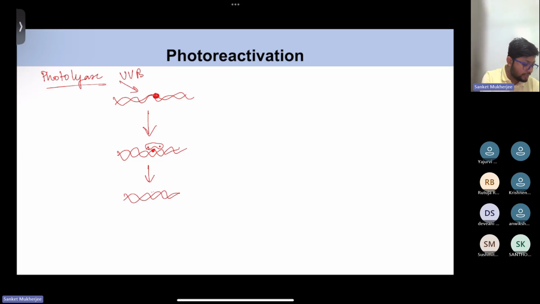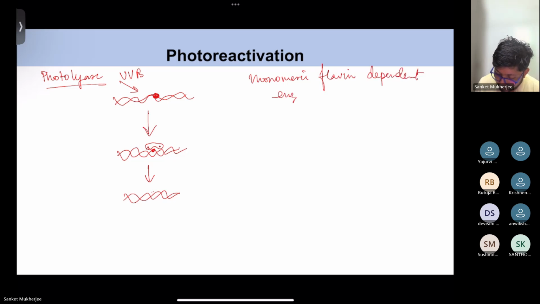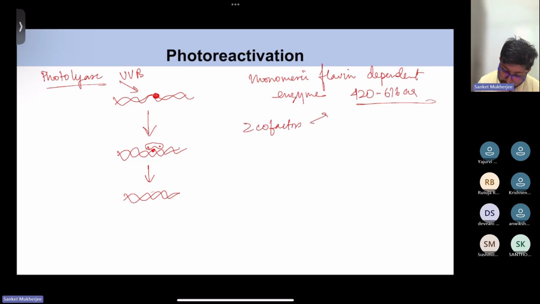For photoreactivation, the enzyme is DNA photolyase, which is a monomeric flavin-dependent enzyme. Right? It has around 420 to 616 amino acids, and it has two cofactors. One of them is the catalytic cofactor.